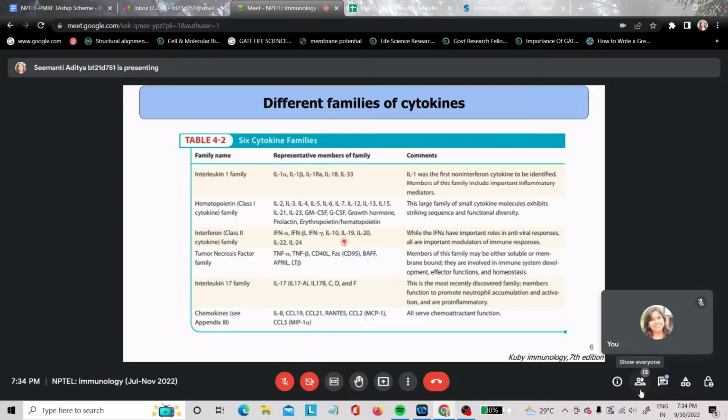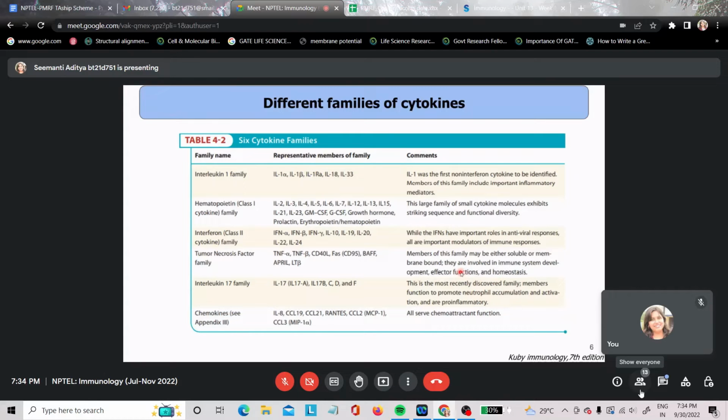The interferon class 2 family is associated with antiviral responses. Interferons are always associated with antiviral response and protection against viral pathogens. All are important modulators of immune responses. The tumor necrosis factor family is associated with immune system development, effector functions and homeostasis.